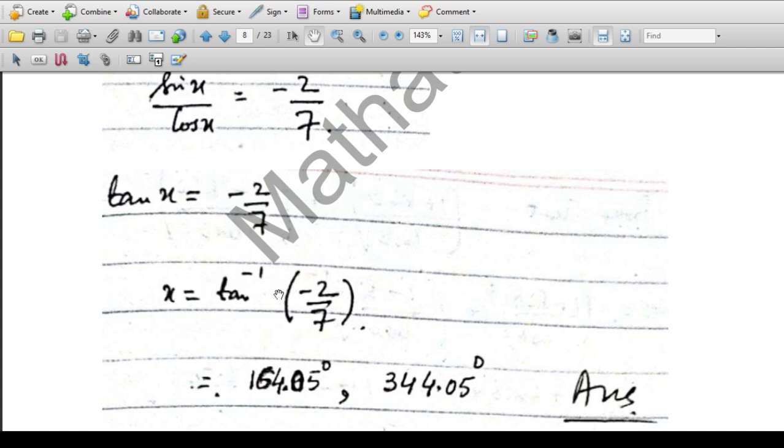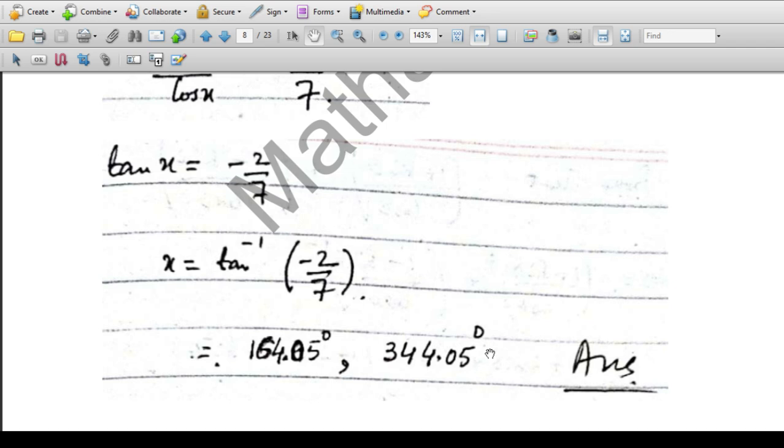From there we will obtain 164.05 degrees and 344.05 degrees, because this is the fourth quadrant and this is the second quadrant. So this is our answer.